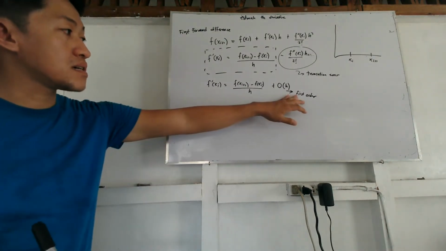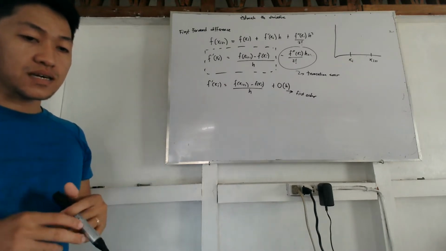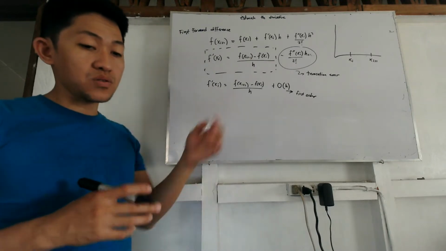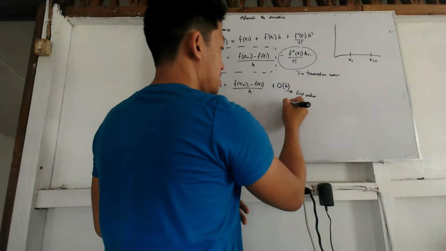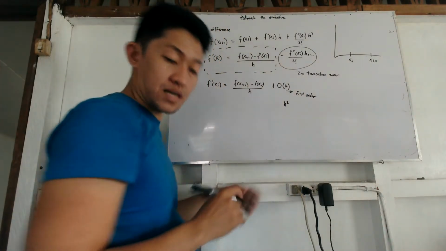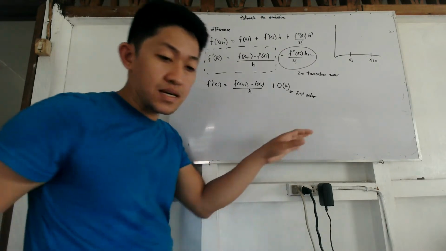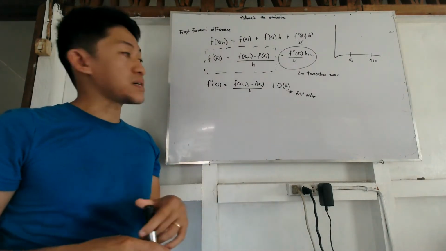Since this is first order, the accuracy is not that good as compared to higher order, say for example H squared. We'll see that later on that if you increase the order of your truncation error, the better will be your approximation.